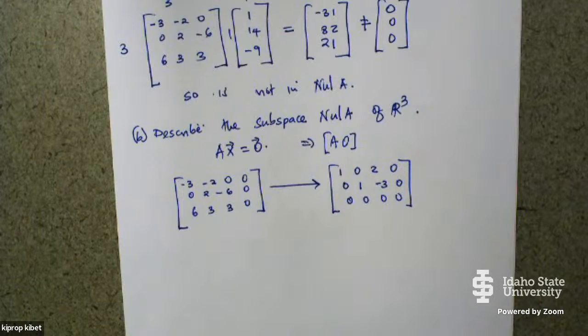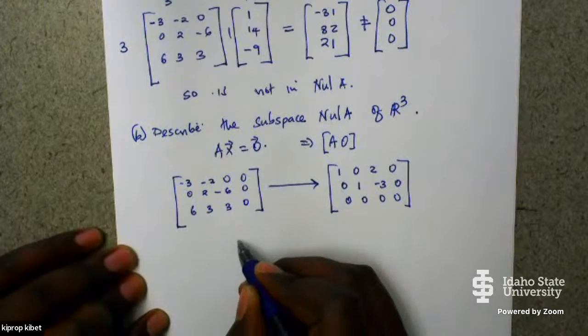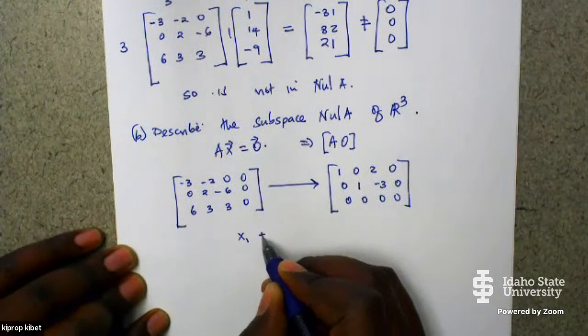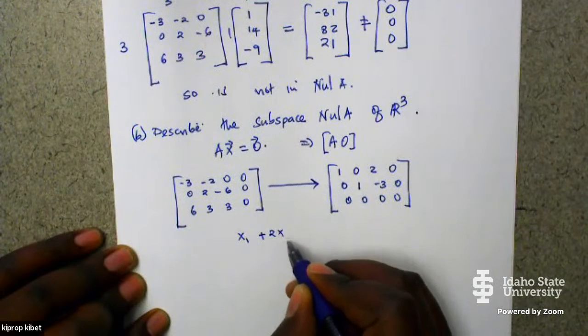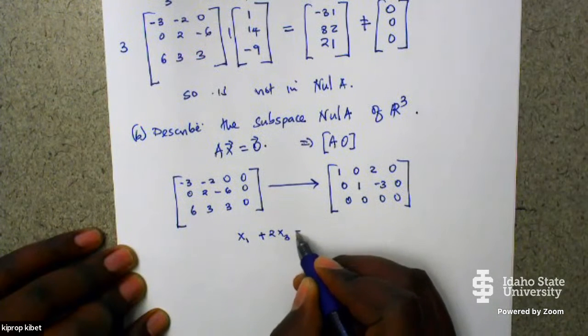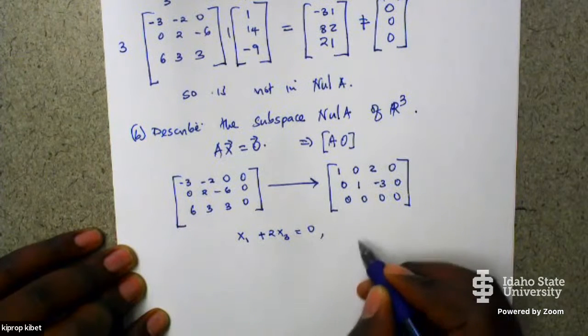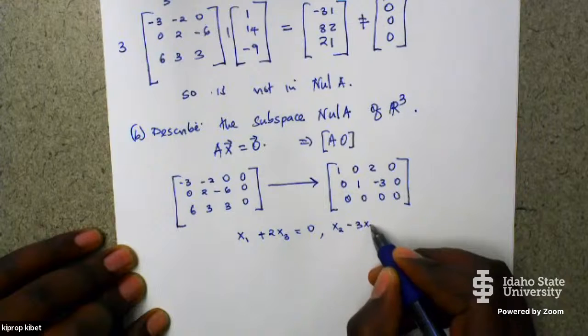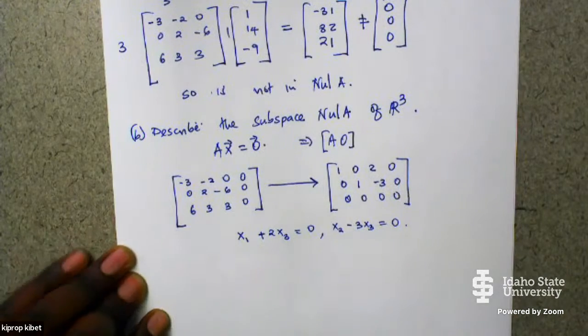So our new linear equations will be x1 plus 2x3 equals 0, and then x2 minus 3x3 equals 0.